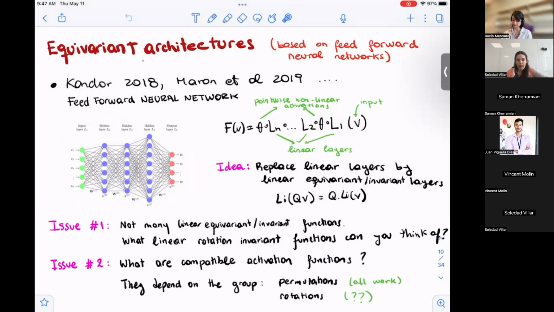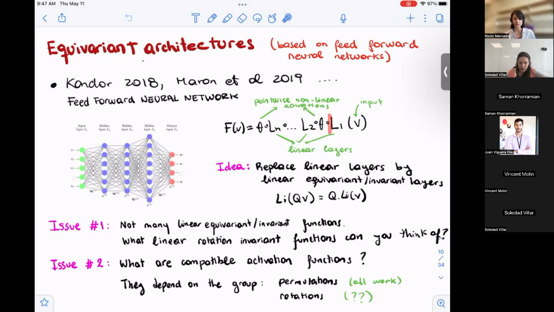For instance, if the action is permutations, then any nonlinear activation function will preserve the symmetry. But if the action is more complicated, then it's harder.